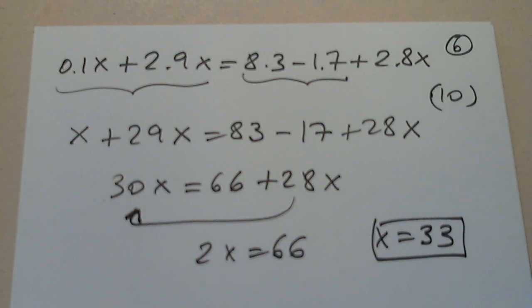When I click enter, if I don't get 99, I'm in trouble, and I have, what did I do? 2.8. So I'm in trouble. So 1.1 times 33 plus 2.9 times 33 equals 8.3.